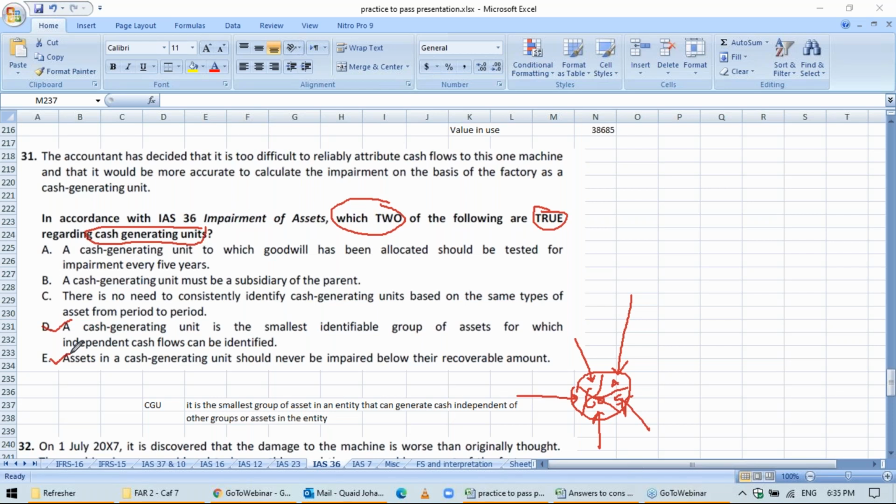So you cannot bring the asset down below recoverable amount unnecessarily. Impairment will only take place when the carrying values are higher. So you cannot bring the carrying values down when recoverable amounts are higher than carrying value. You can only bring it down when the recoverable amount is lower. So these two are correct. So D and E is the correct answer.